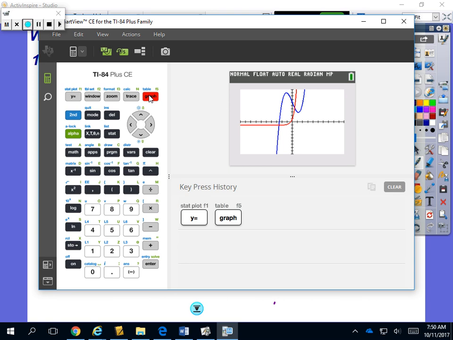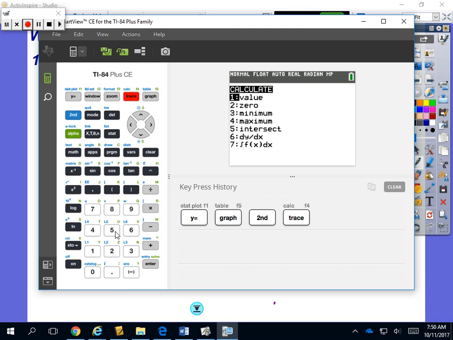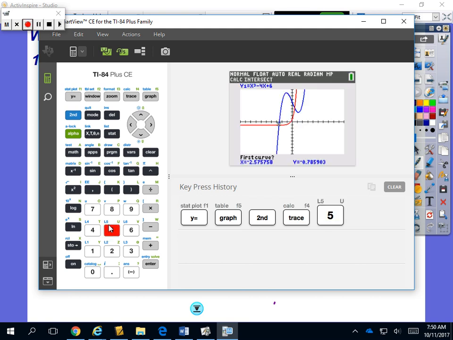The calculator will give you the coordinates of those if you just hit second, trace, number 5, intersection. You want the intersection. And then just make sure the spider is close to the point you want to find and press enter until it says guess, and then tell the calculator to guess.